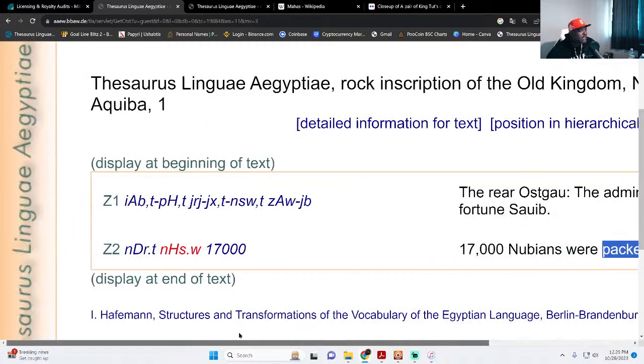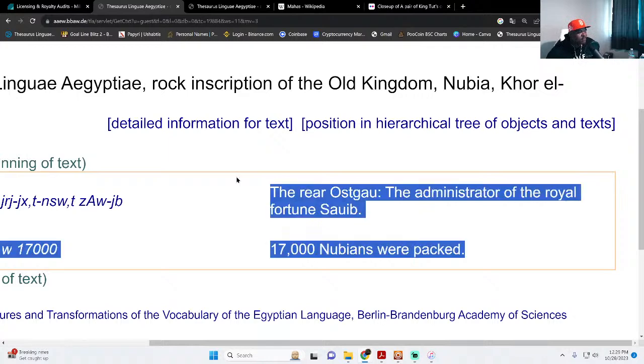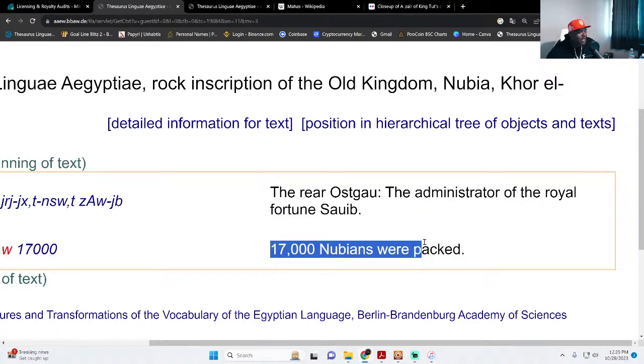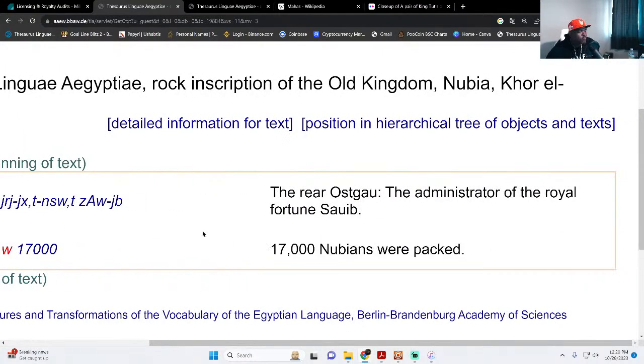So it's safe to say one of the first times we see them referencing Southerners was, again, there's not enough text in here to even say what's going on. And I even want to talk about it, but I'm not going to do that today. I'm going to take it for how this is translated, because the evidence on the side of the Nubians is so overwhelming that you don't even trip.